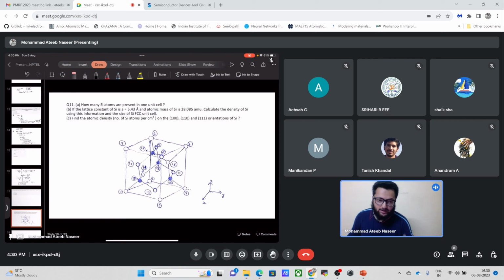So availability is another major thing that boosts our semiconductor economy. And this unit cell you see here for silicon is the backbone of our semiconductor industry.